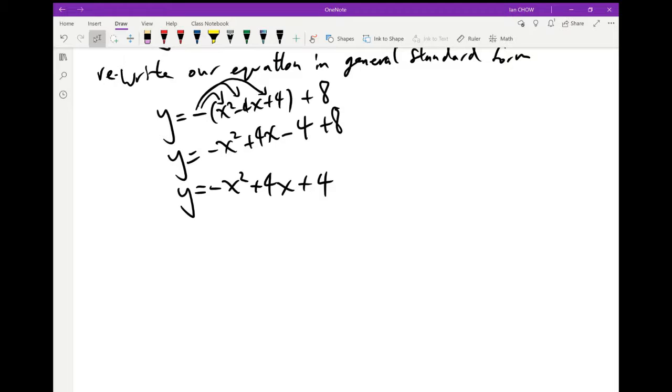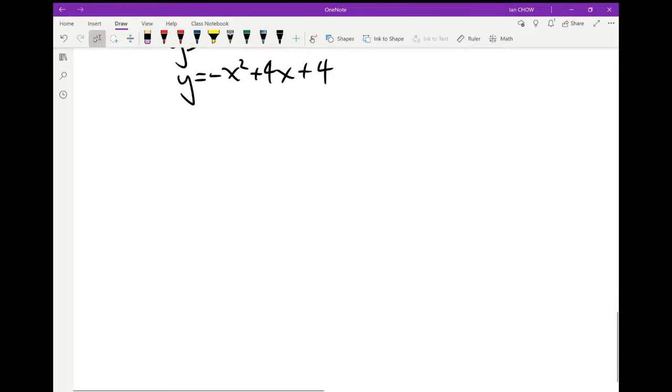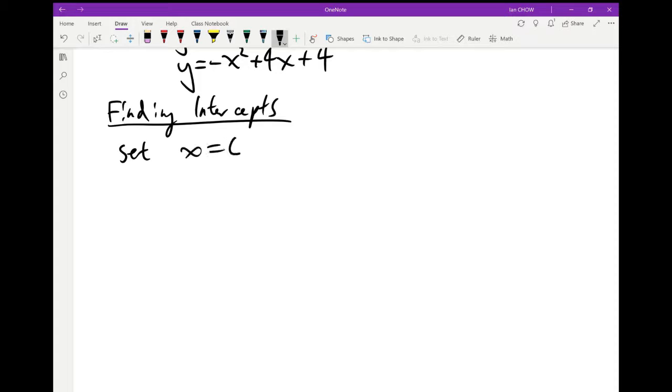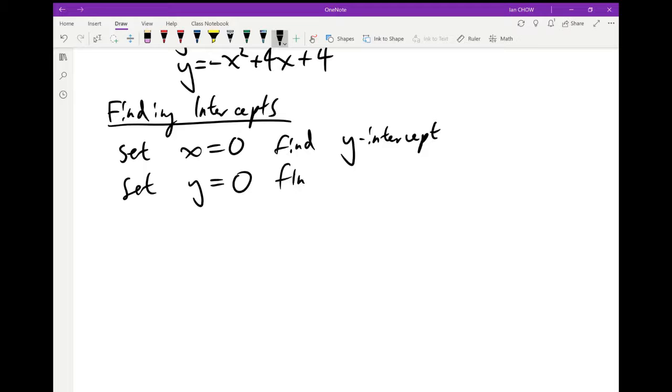Now this part is probably the easiest part, finding the intercepts, because all you have to do is set x equals to 0 to find the y-intercept, and then we also have to set y equals to 0 to find the x-intercepts.